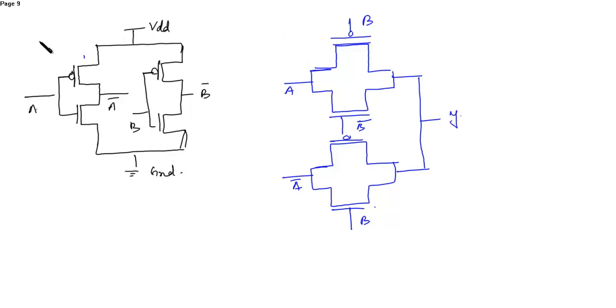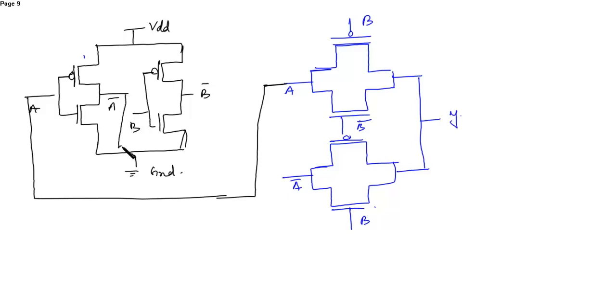This A will be connected from here. Okay. A from here, A bar to here. This A will be connected to here. Now this A bar will be connected here.